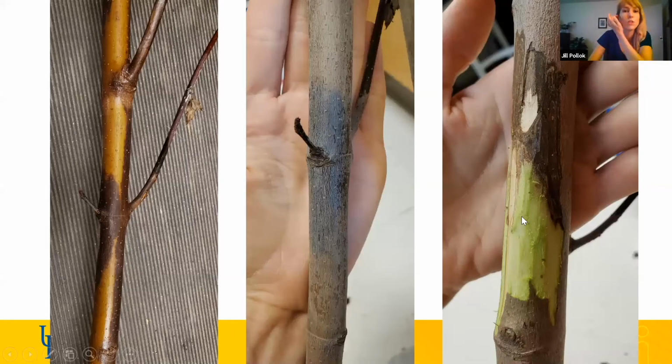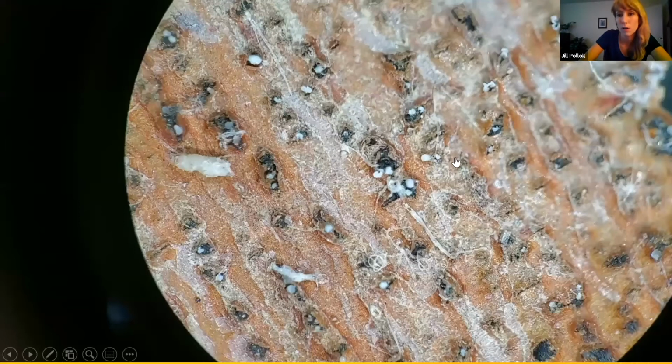So the sample actually was profusely sporulating. So what I did was I cut a little piece off right here in the middle of the canker, and I put it under the microscope, and I put a dot of water on it. So all of these black parts are the fruiting bodies, the pycnidia, and the white stuff coming out of all of them are the spores.